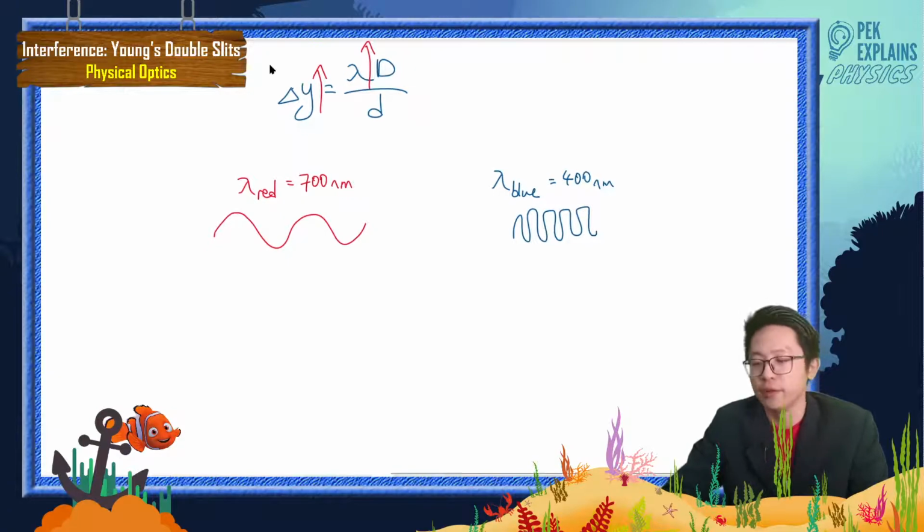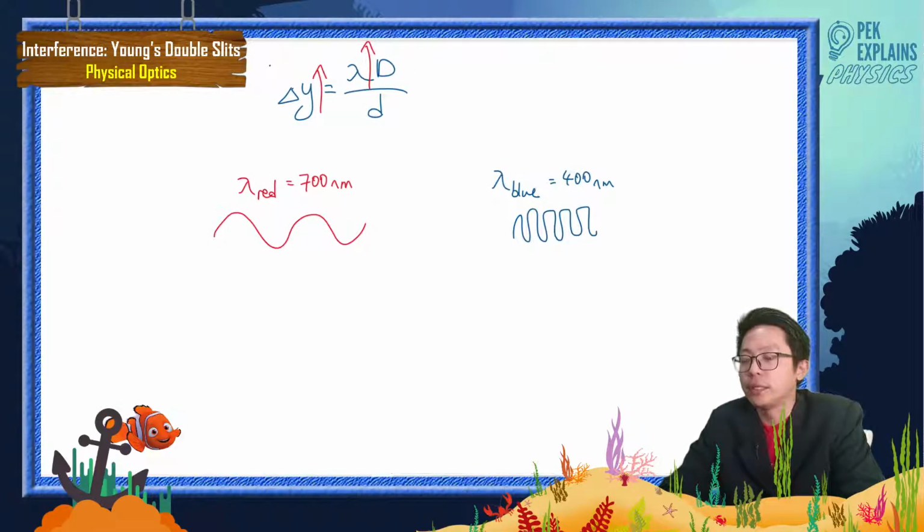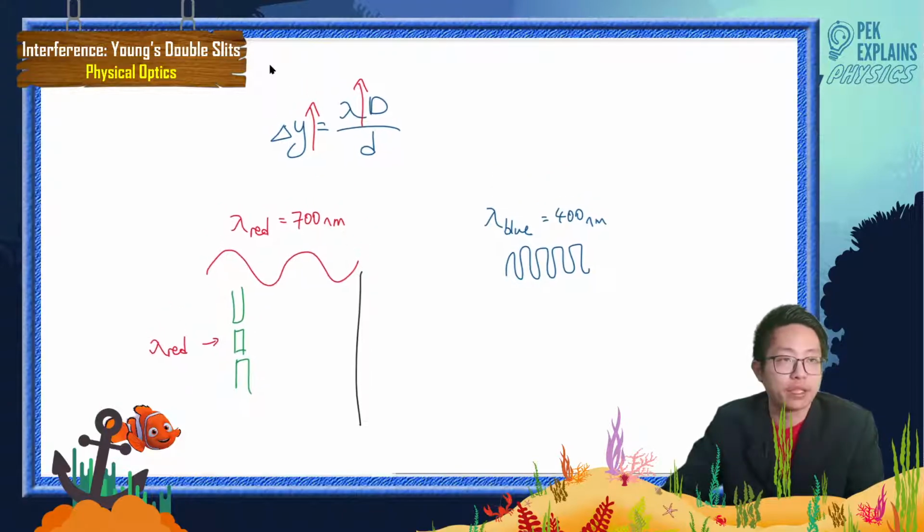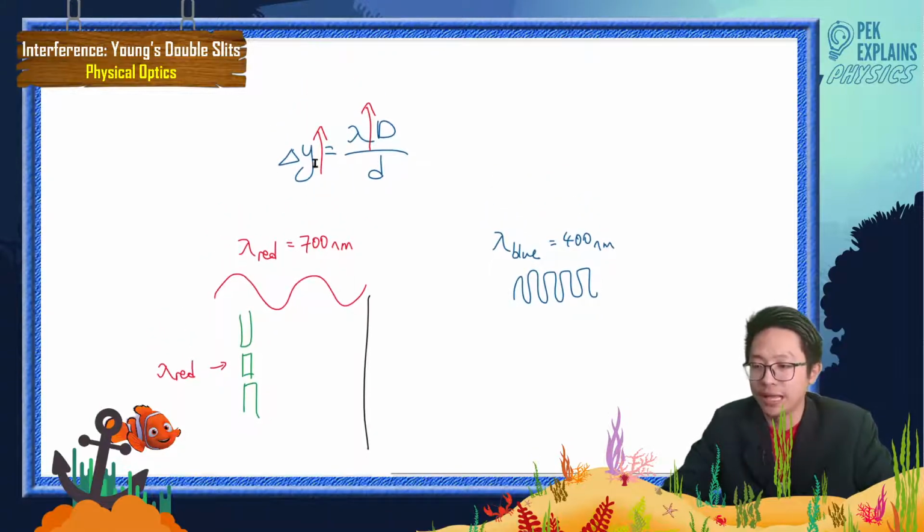Okay, what's the difference? If you use the double slits, I should draw. Okay, the double slits. If you shine the red light over here, the red wavelength, what you can see on the screen is that the fringes are much further apart.